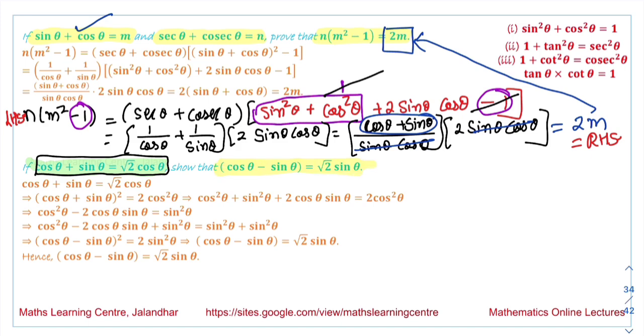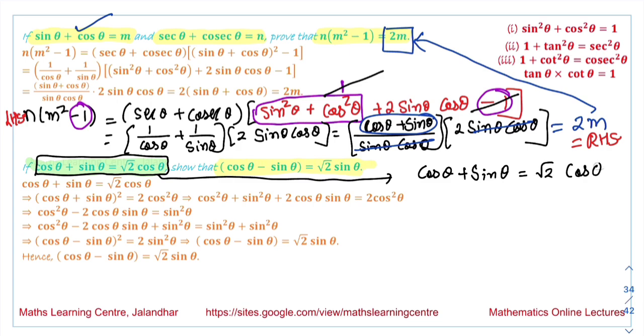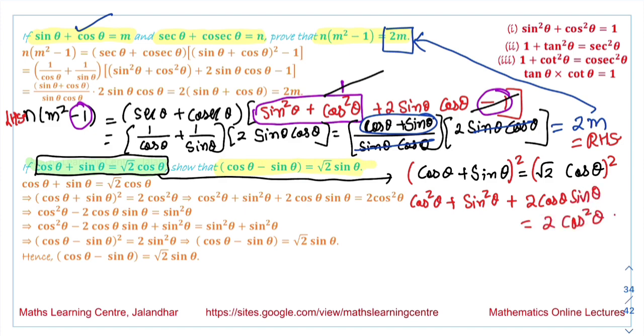So we are starting from this equation: cos theta plus sin theta is equal to root 2 times cos theta. When we square both sides of this equation, we get cos square theta plus sin square theta plus 2 cos theta sin theta is equal to 2 cos square theta.